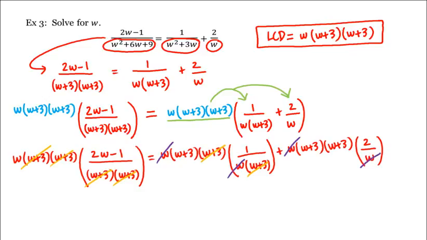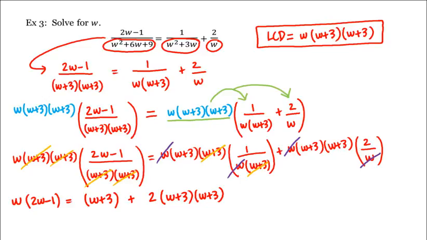Which leaves us with, don't forget this w out here, w times 2w minus 1 is equal to w plus 3 times 1, or w plus 3, and then plus, and then we have 2 times w plus 3 times w plus 3.